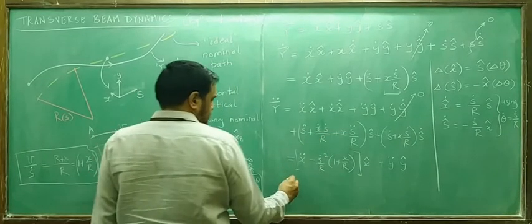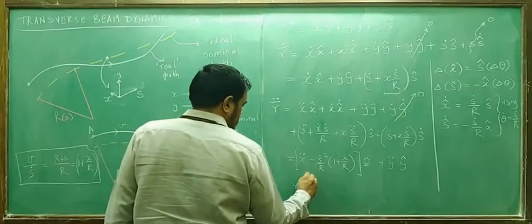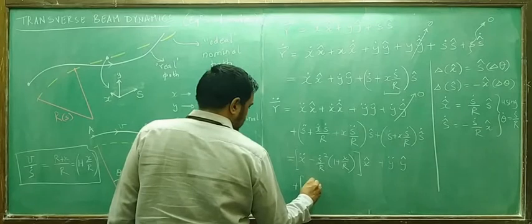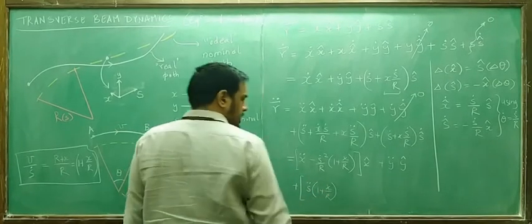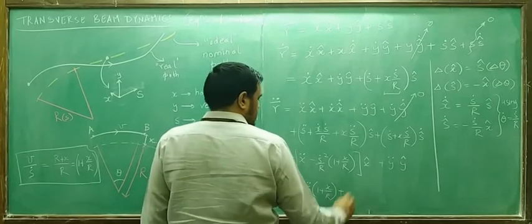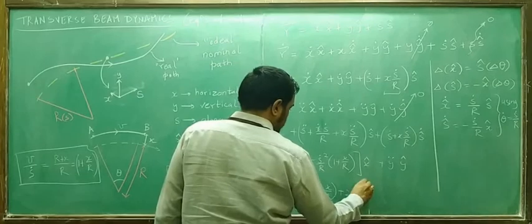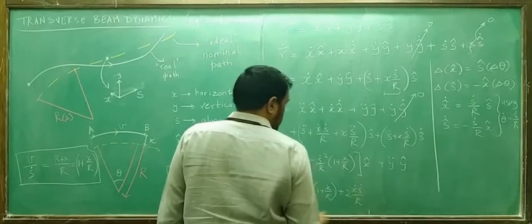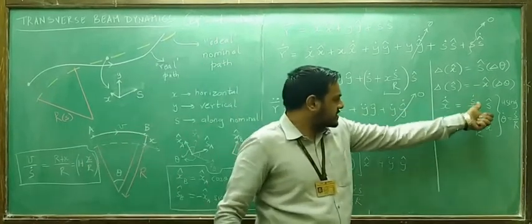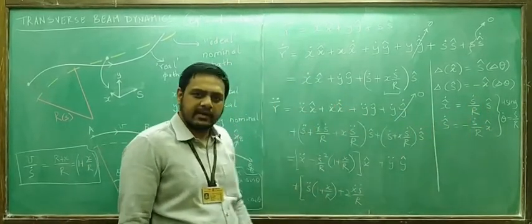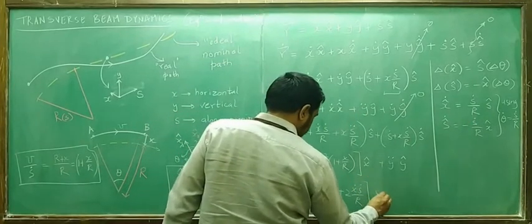So basically you will get the third term as s double dot into 1 plus x by r plus twice x dot s dot by r. One x dot s dot by r is from here, the other is from x dot s dot by r when you substitute x hat. So there are two of those, and this whole thing multiplied by s hat.